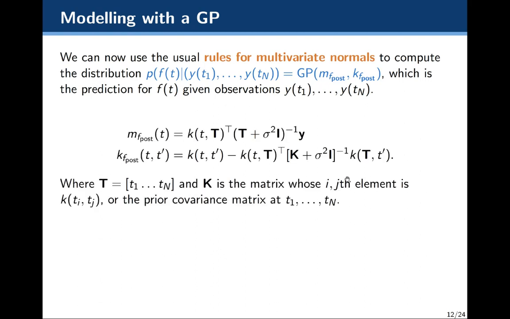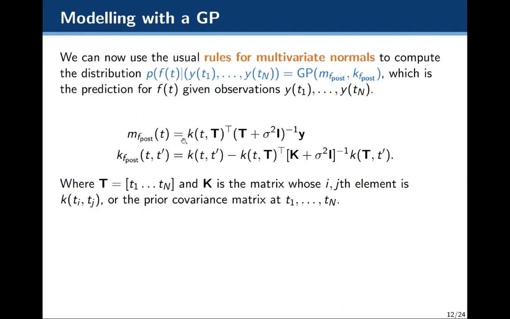Well, we basically just use the rules of probability to compute these things. I won't go through the derivation, but what I've written here specifies the posterior mean and covariance for the new GP on f.